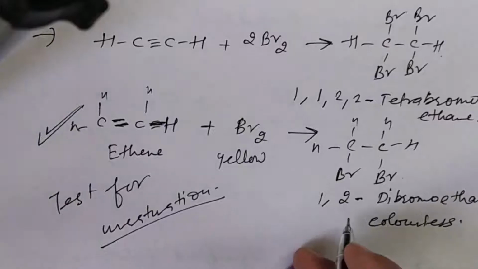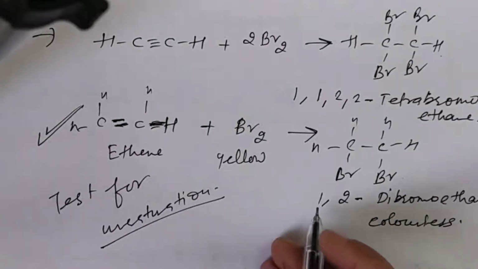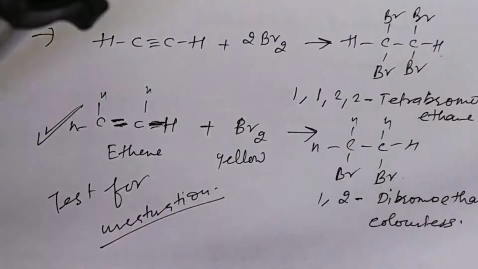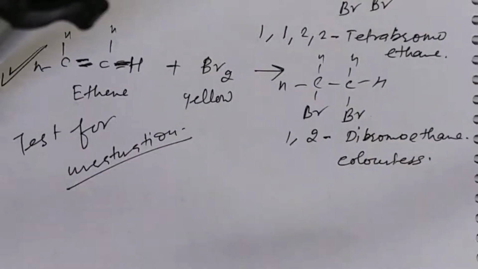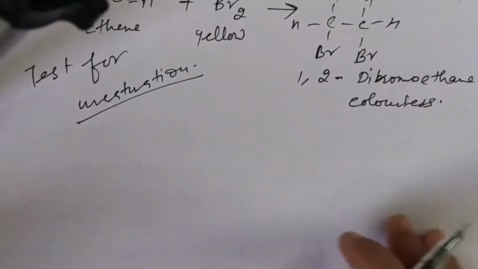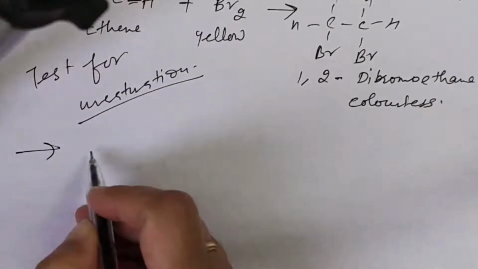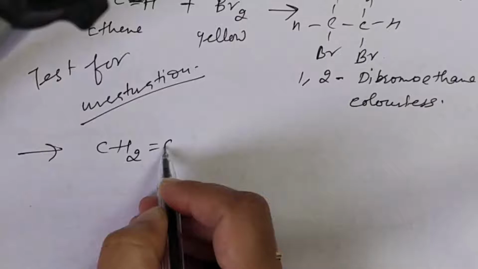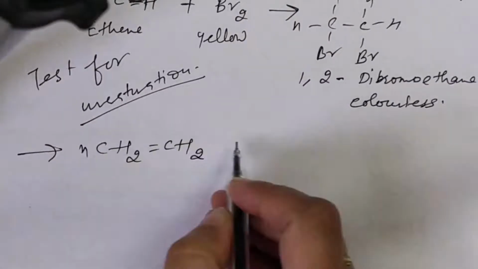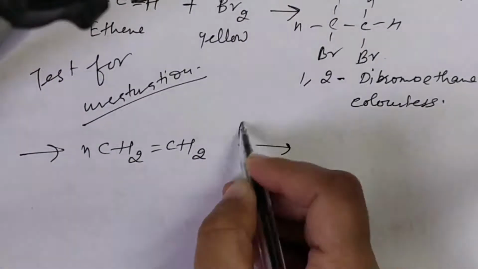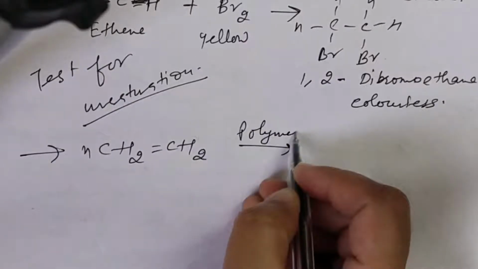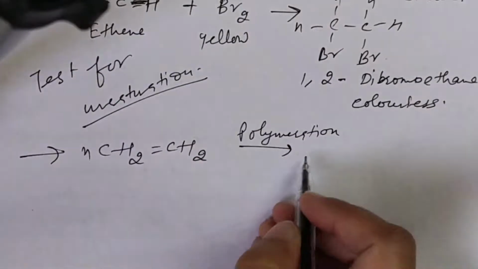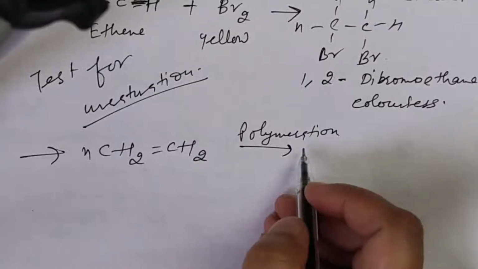Okay, and if we take some more examples, go a little deeper in the topic, then polymerization reactions can also be the example of addition reaction. Like if you take the example of ethene, take n molecules of ethene and do the polymerization of this ethene molecule.